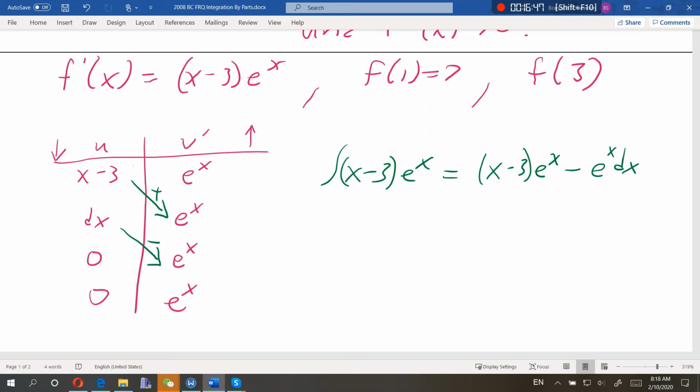So if I wanted to figure out what f of 3 is, and I know f of 1 is 7, what would I have to do? So x minus 2 e to the x is our integrand, right?